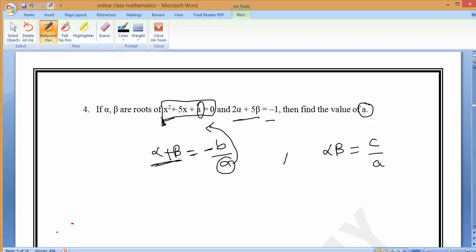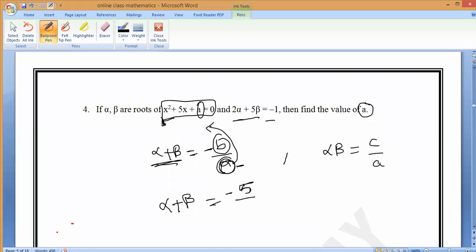Alpha plus beta, what is the value? We don't know, correct? Write as it is. Alpha plus beta equal to minus of b value. What is b? 5. So minus 5. What is a value? 1, ma'am.